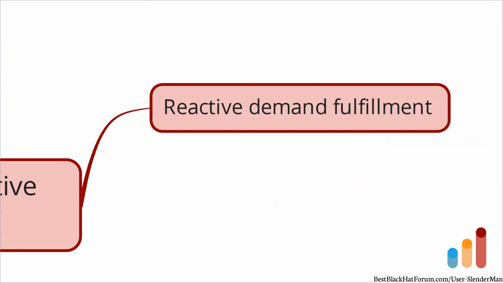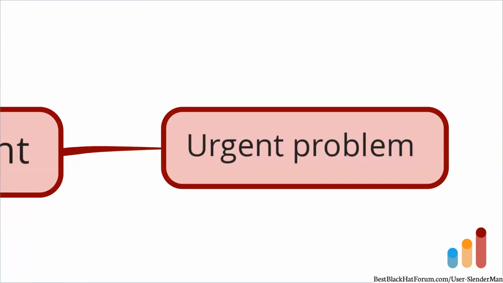Reactive demand fulfillment represents being the website that shows up on Google with a product that your prospect wants to buy, that your prospect is searching for, and you go out there and fulfill that demand. It represents being in the yellow pages when they're looking up a specific service provider. It represents any situation where your prospect really has a problem that they want to have solved, and you are there for them.